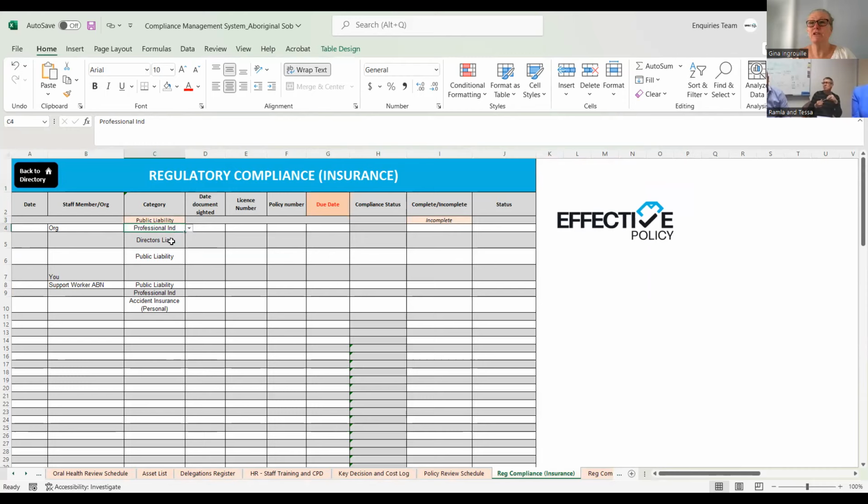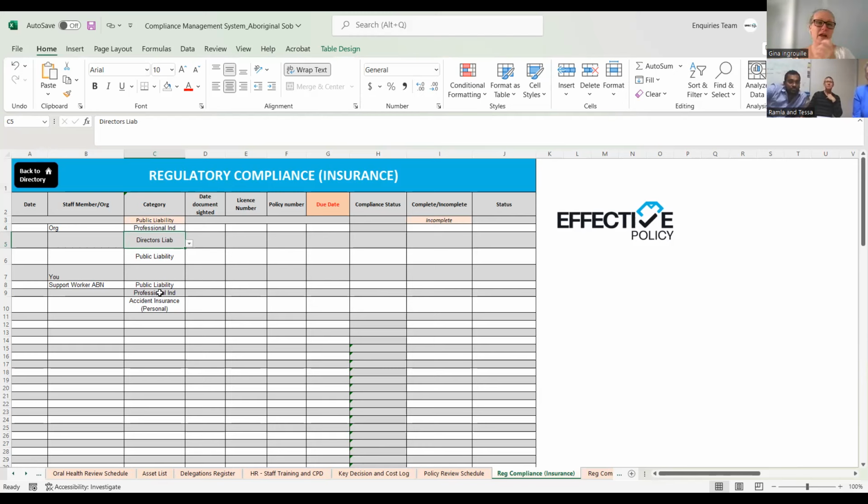You've probably got directors or managers liability. Yes, we do have public liability. This usually comes in a package, and then you'll have workers' comp. Just need to show that you've included the potentiality for the NDIS to be a part of that.